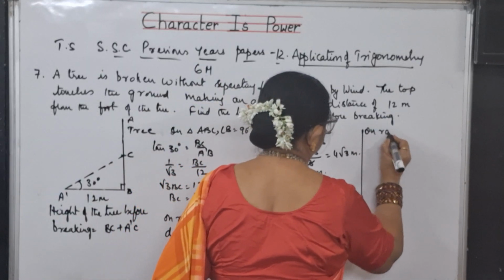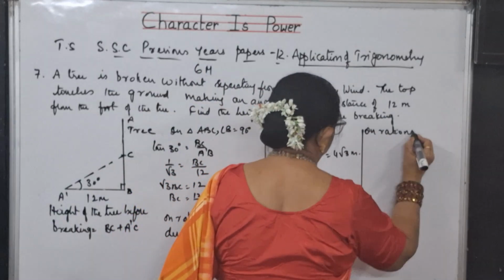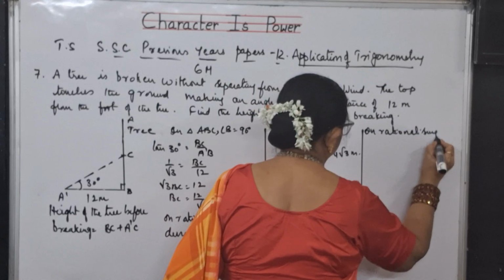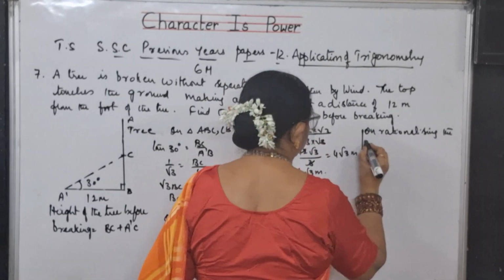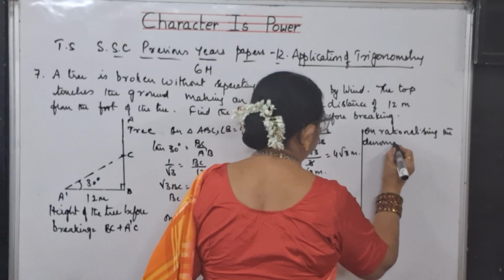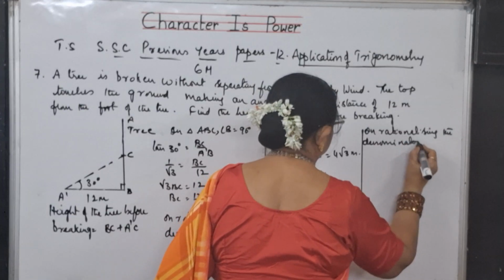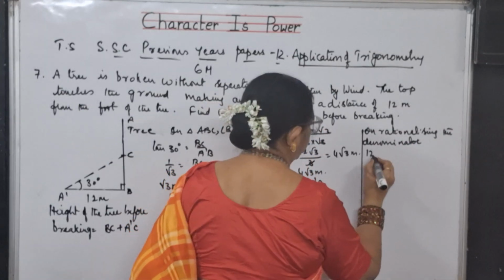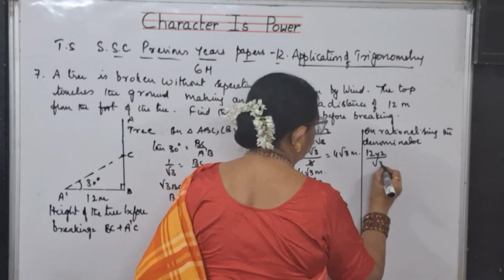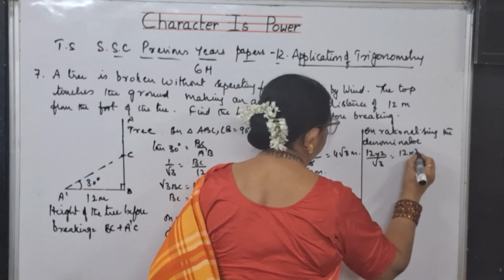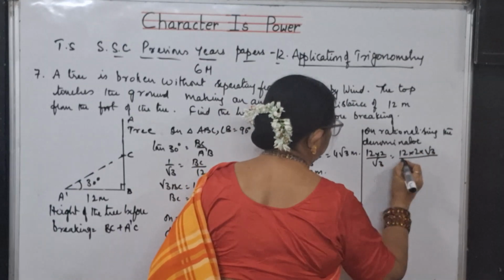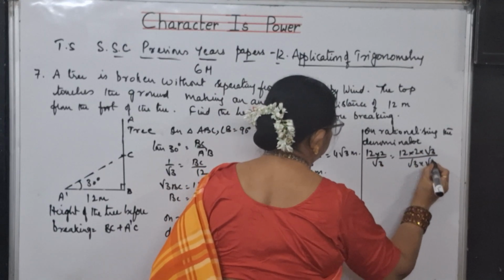On rationalizing the denominator, 12 into 2 by root 3 is nothing but 12 into 2 into root 3 by root 3 into root 3.